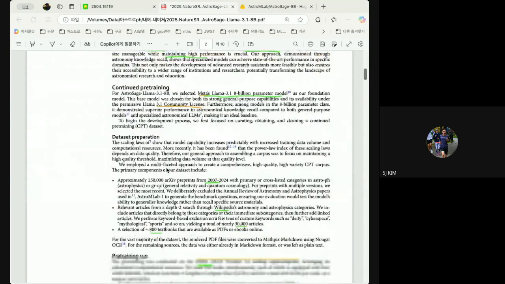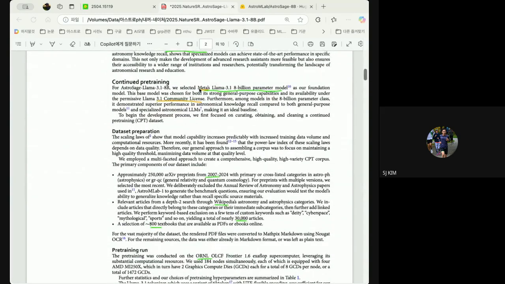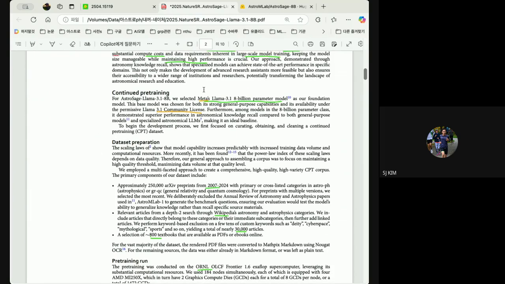What they used is Meta's Llama model, which I think is kind of the latest model. They used the Llama 3.1 8B model. They say even though it's not open source, compared to the others, there are fewer restrictions. You can use it for research or education, but for commercial purposes, you need permission from Mark Zuckerberg.